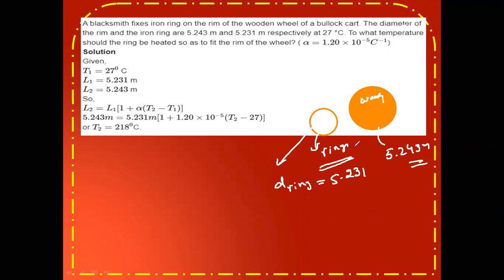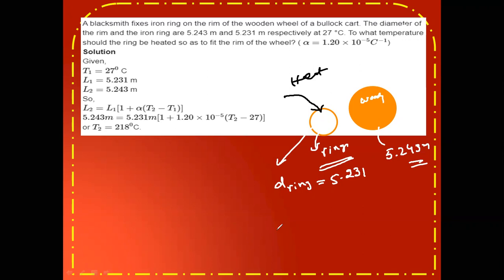Suppose I want to place the ring over this wooden wheel, so what should I do? I have to supply some amount of heat energy. If I supply the heat energy, the radius and diameter of the ring also increase.